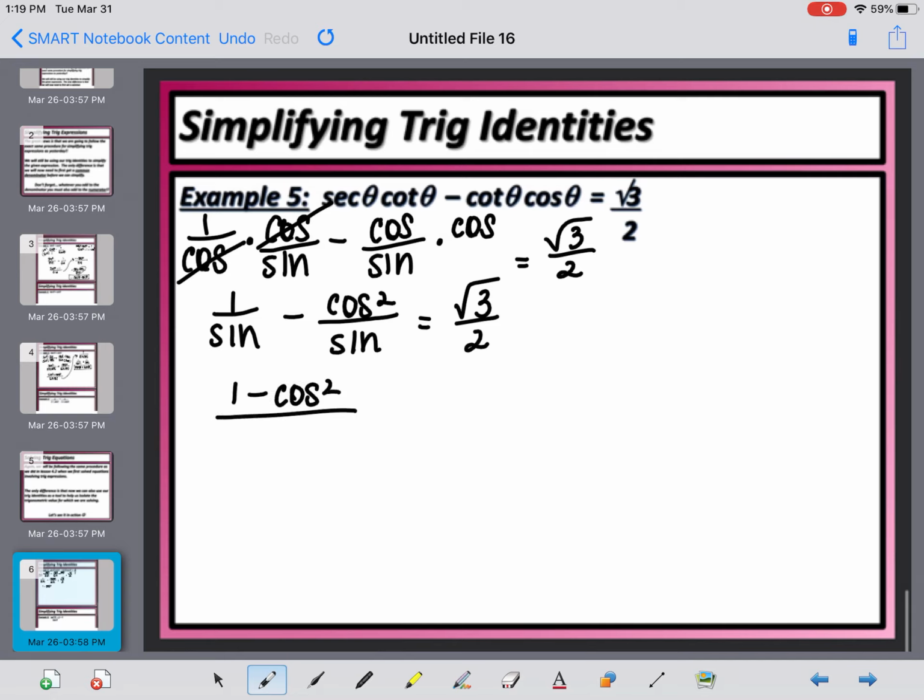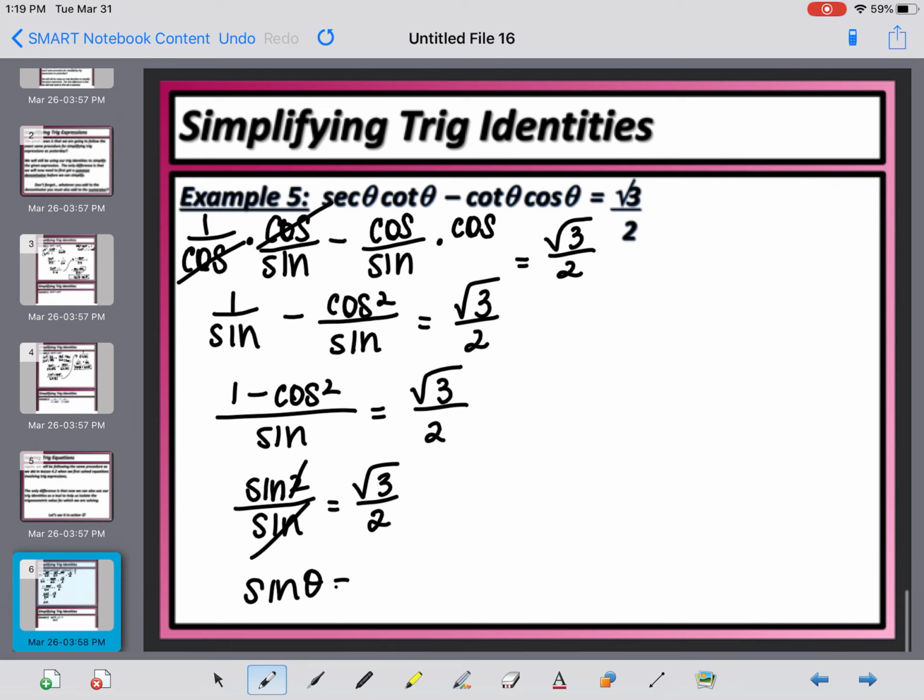I can put them together. And continuing to use my identities, 1 minus cosine squared is sine squared. And I can cancel a sine from the top with the 1 in the bottom.